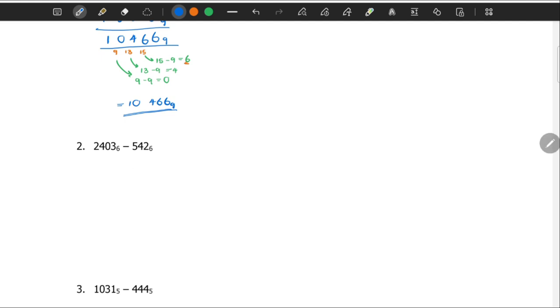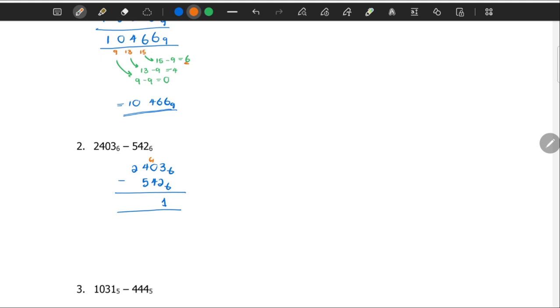So we have this example here, 2403 to base 6 minus 542 to base 6. So again, this one is 3 minus 2, that's going to be 1. 0 minus 4, you need to borrow something.